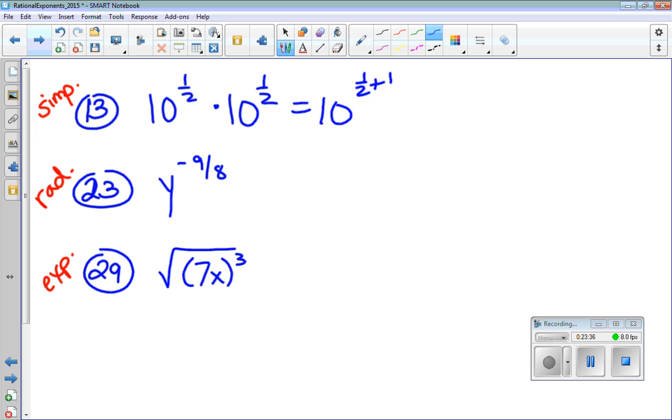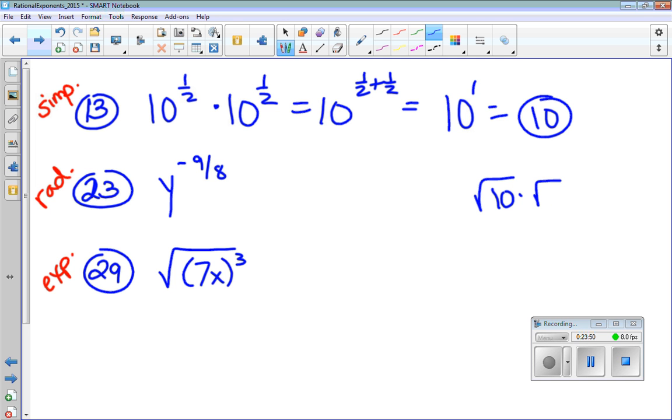Well, what's a half plus a half? 1. What's 10 to the 1? Well, it's just 10. And that makes sense. Isn't the square root of 10 times the square root of 10, the square root of 10 squared, just 10 too? And we know that, right? Same thing. Yes, when the bases are the same, you add the exponents.